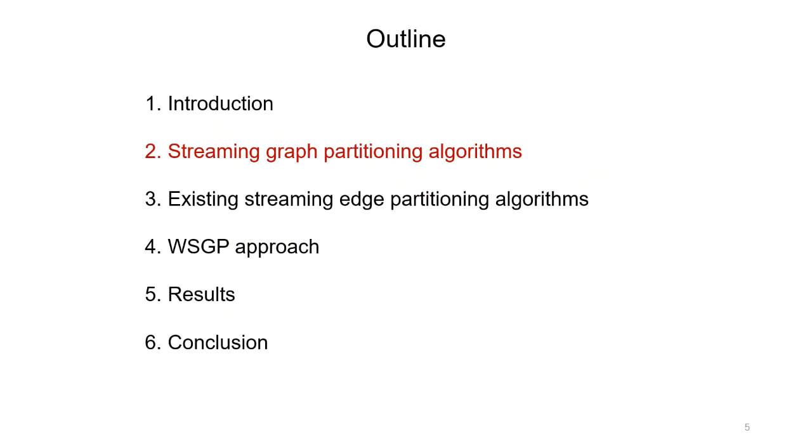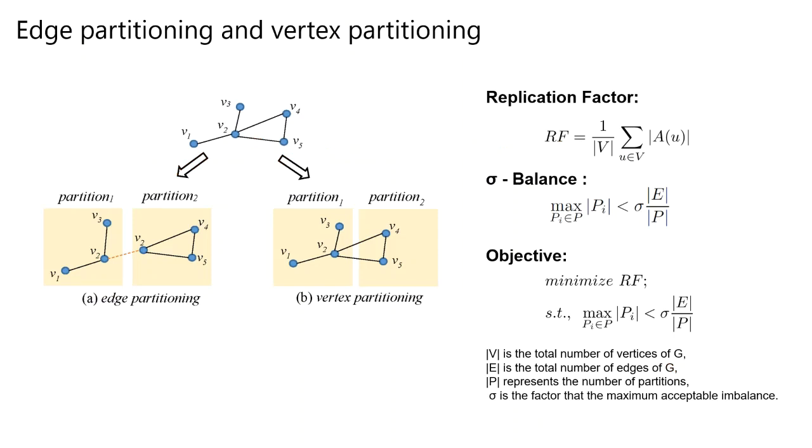So now we talk about what a streaming graph partitioning algorithm is. A graph is composed of edges and vertices. There are two main partitioning methods, edge partitioning and vertex partitioning.